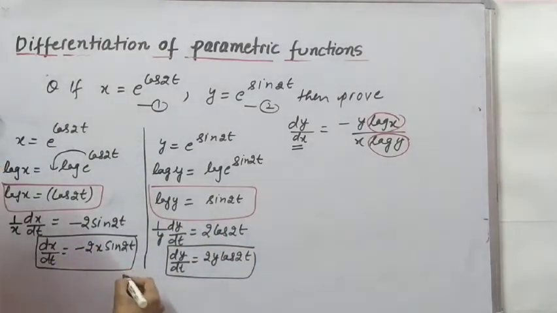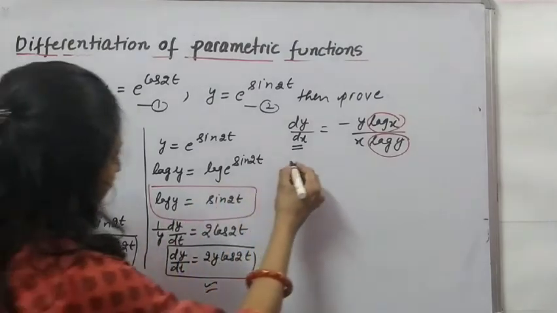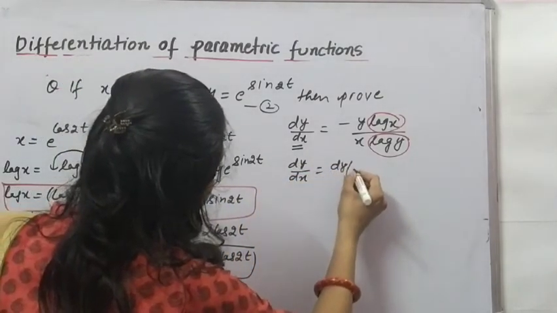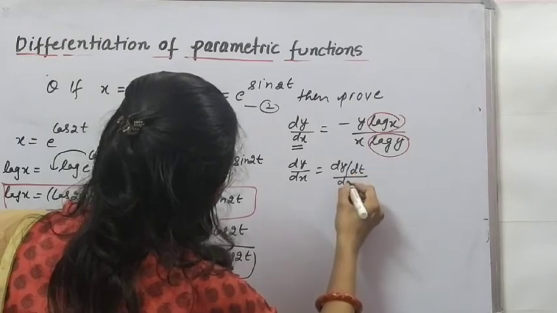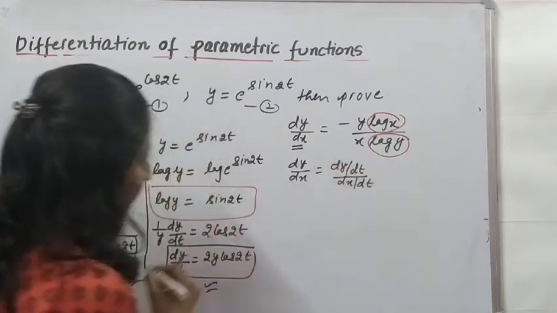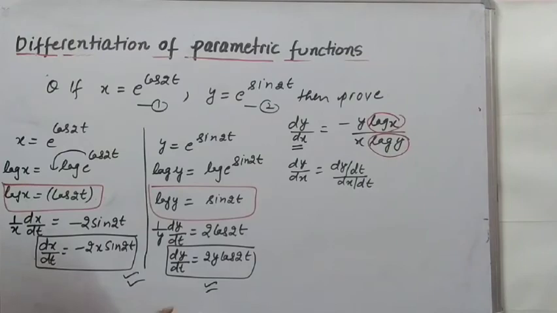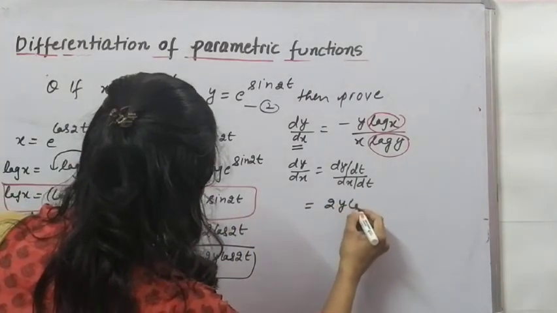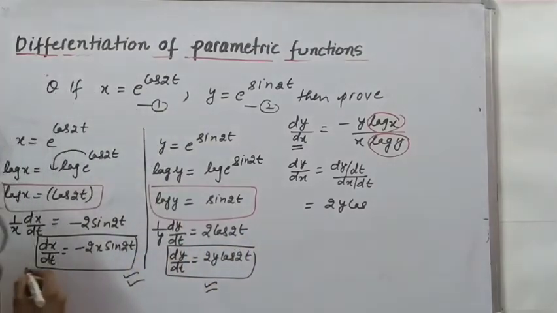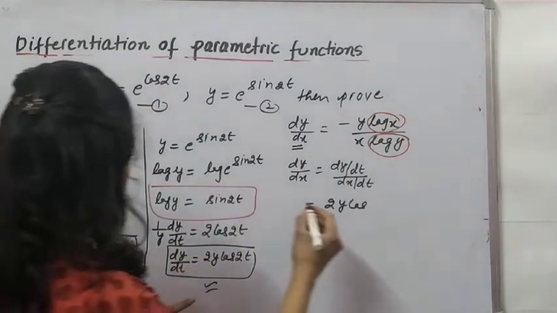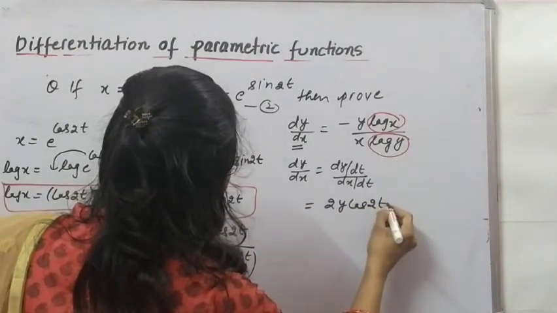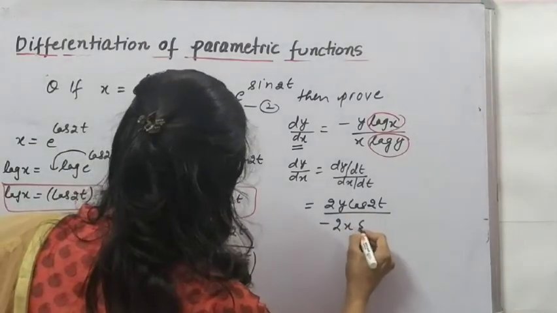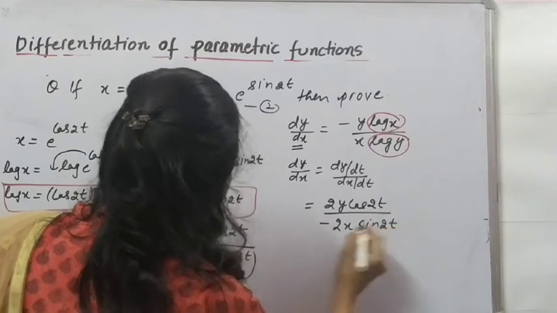Now put both values in the formula, that is dy by dx is equal to dy by dt upon dx by dt, right? So after substituting we will get 2y cos 2t upon minus 2x sin 2t.